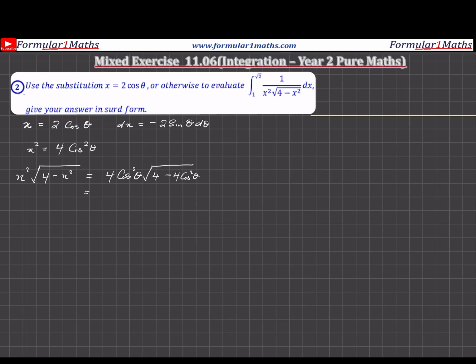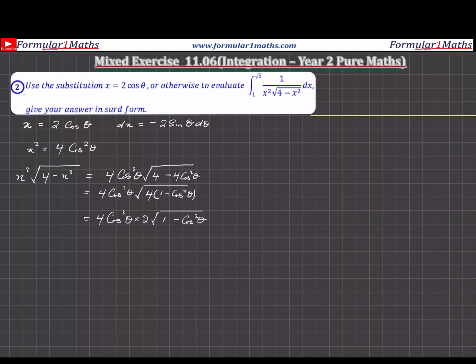And this can be simplified to get the following: 4 cos squared theta times the square root of 4 brackets 1 minus cos squared theta. This will simplify to 4 cos squared theta times 2, because the square root of 4 is 2, and then times the square root of 1 minus cos squared theta.